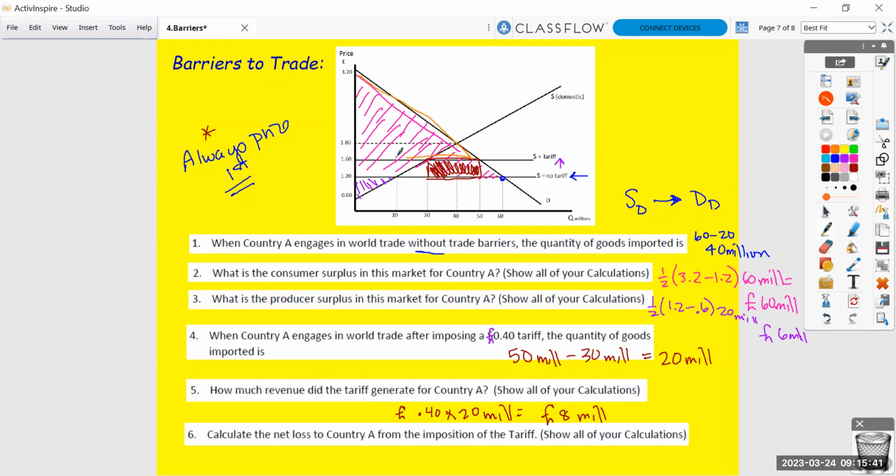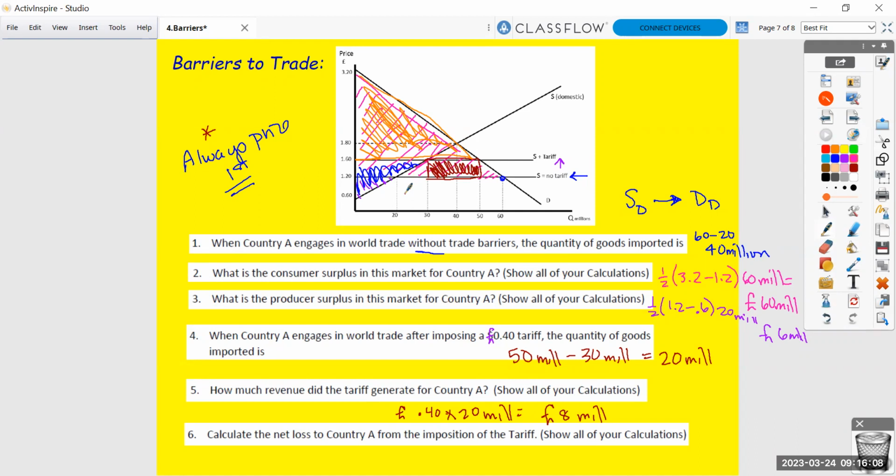Right, is now going to be this area here. So where you see orange and pink, it's keeping, right? Our producer surplus is now going to be here. Need that pink because that was part of my original consumer surplus.